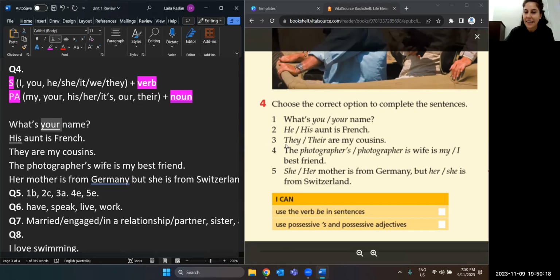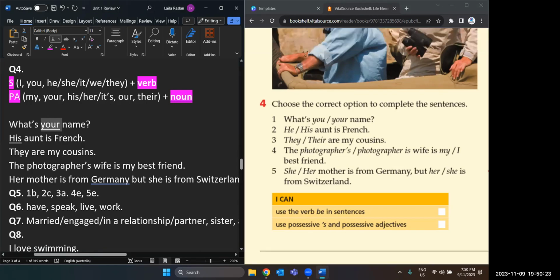The next one, they or their? They're my cousins. Victor, you could connect them by saying they're my cousins. So yeah, as long as you could connect that.